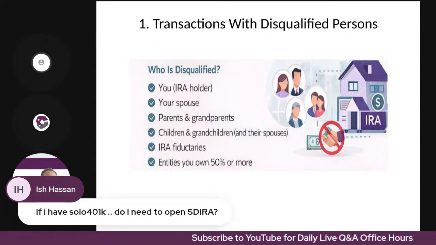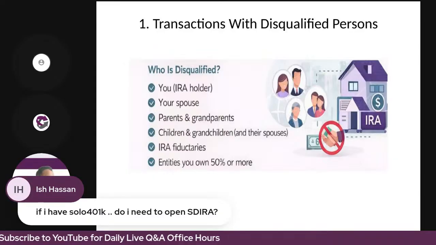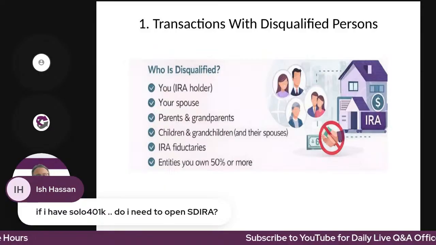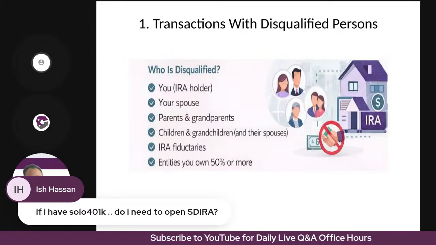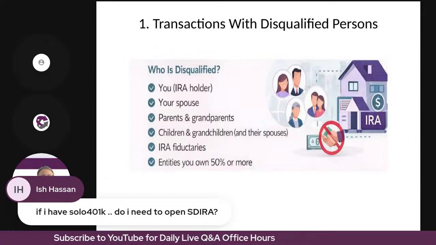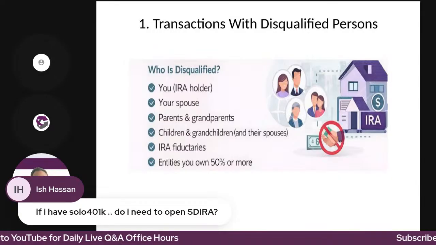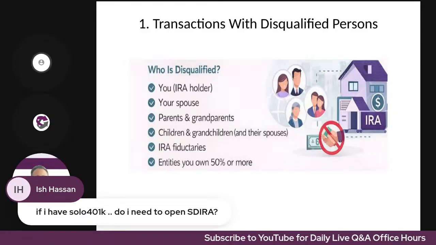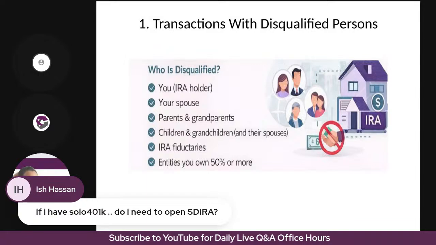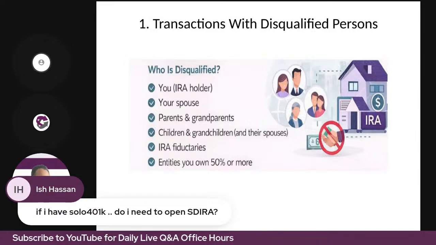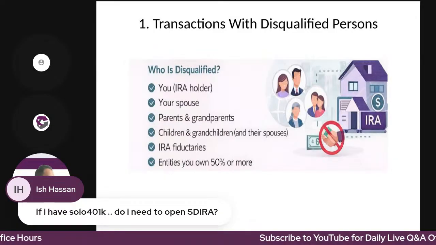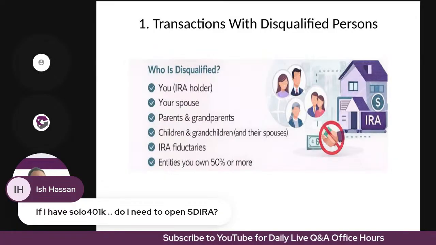It also includes certain prohibited asset types, such as collectibles, and we're going to shed more light on that. So the IRS rules are designed to ensure that your self-directed IRA is strictly used for retirement purposes, not for current personal benefit. And that's actually a very good distinction there. That is, that self-directed IRAs are meant to be used for retirement purposes, not for current personal benefit.